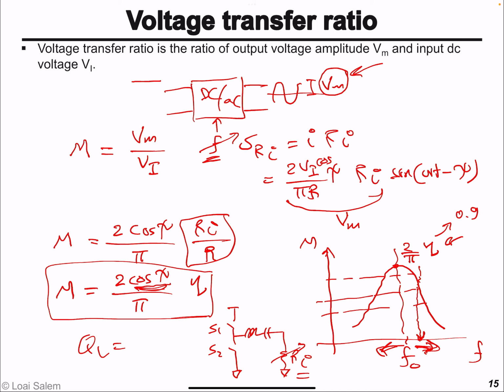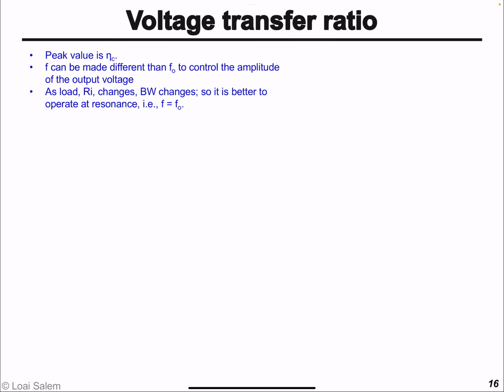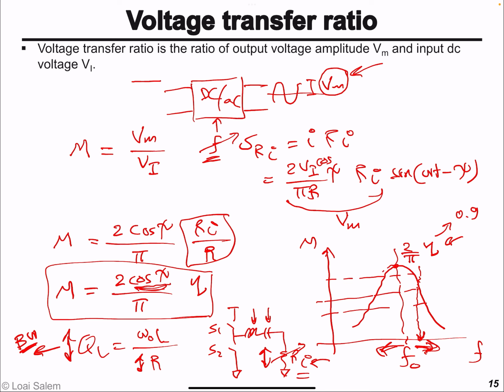So it's given by omega naught L divided by the total resistance R, where R includes the load resistor as well as the equivalent series resistance of the inductor and capacitor. And so as Ri changes in value, R is going to change, the quality factor is going to change, which means the bandwidth is going to change. And essentially, if Ri increased, the response will look something like that.